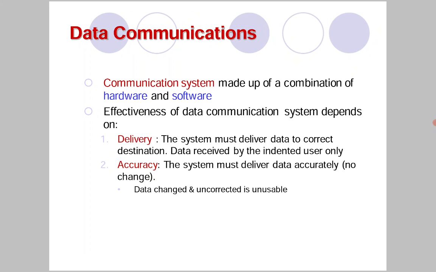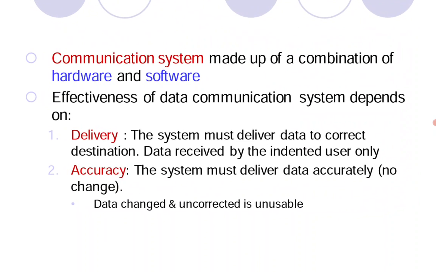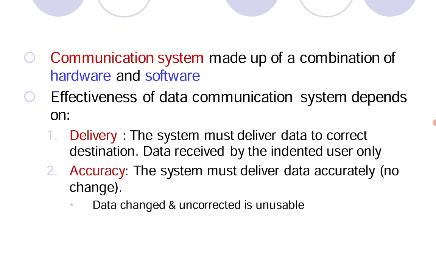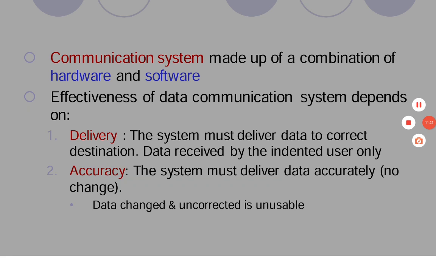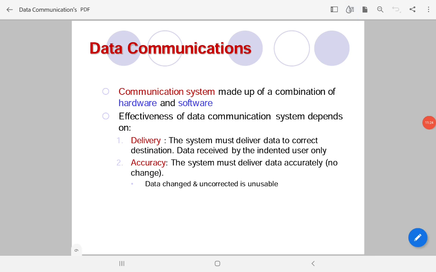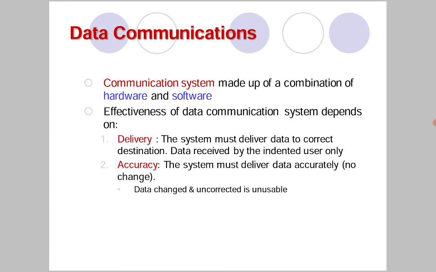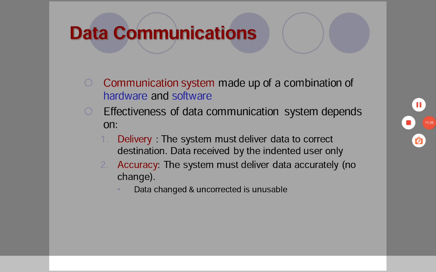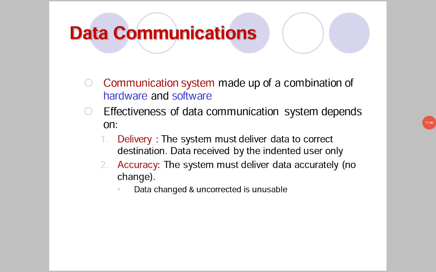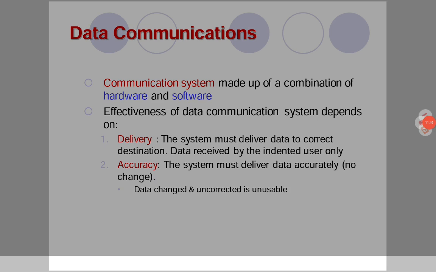Next, the effectiveness of a data communication system depends on delivery and accuracy. The quality of data communication depends on these parameters.